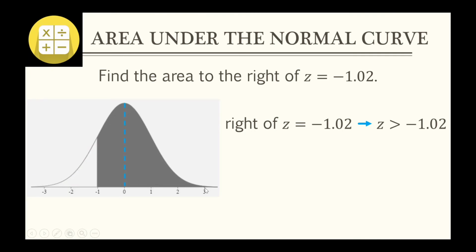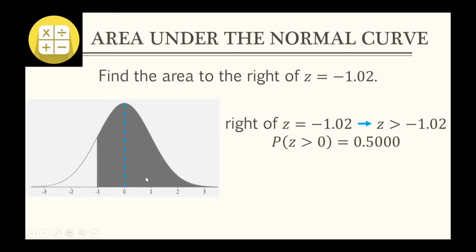So kung makikita nyo dito, yung shaded area ng normal curve given this example ay mas mataas kaysa sa 50% or lumagpas sa kalahati yung shaded area or shaded portion.